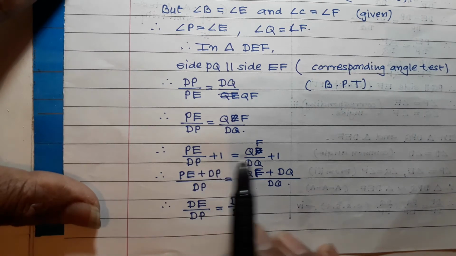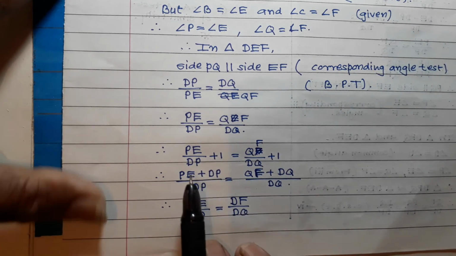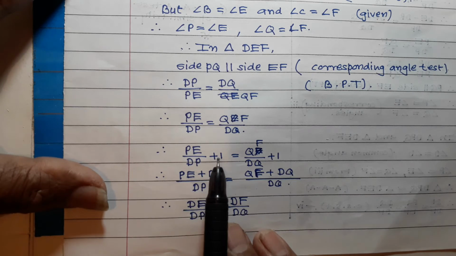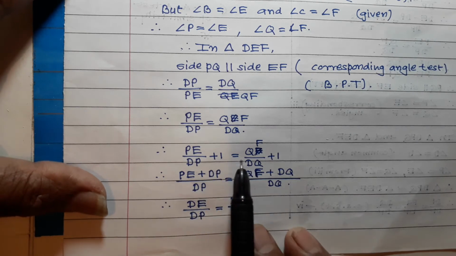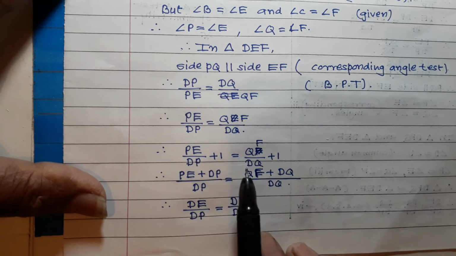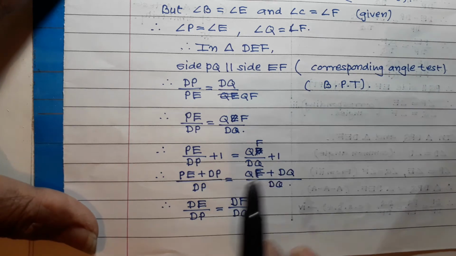Now here you add 1 to both sides, so PE upon DP plus 1 is equal to QF upon DQ plus 1.